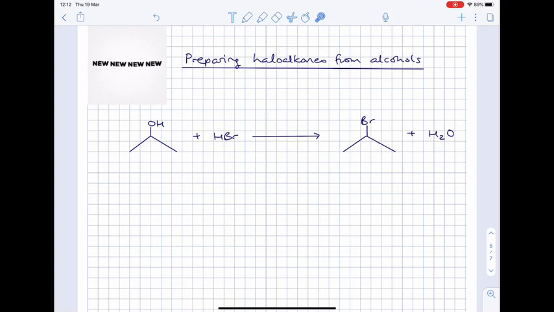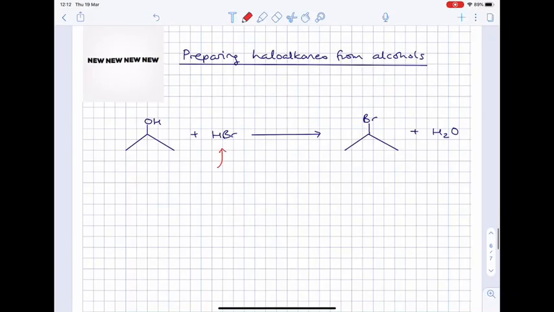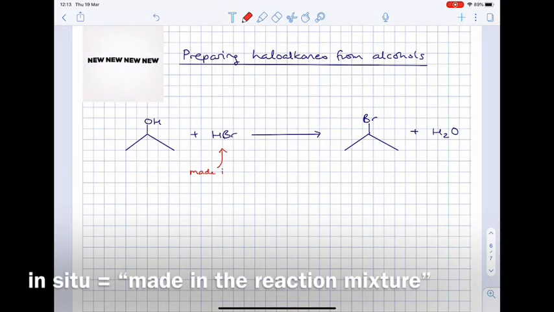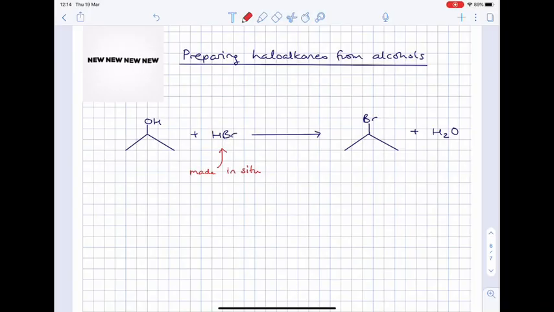However, as we said, we don't just add hydrogen bromide to the alcohol. This hydrogen bromide is made in situ, which is Latin. The reaction that makes this HBr is as follows.